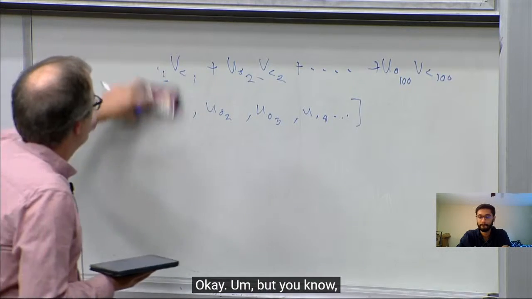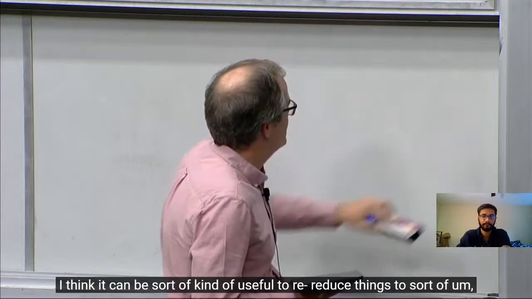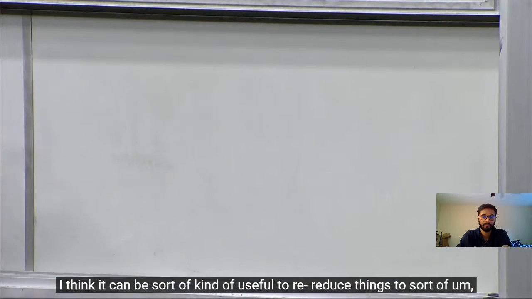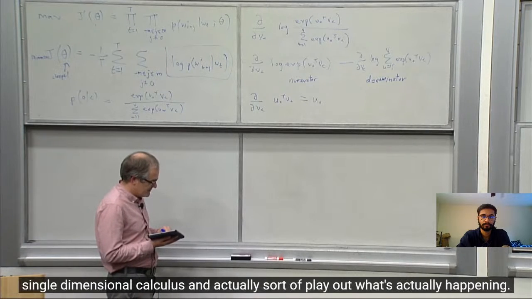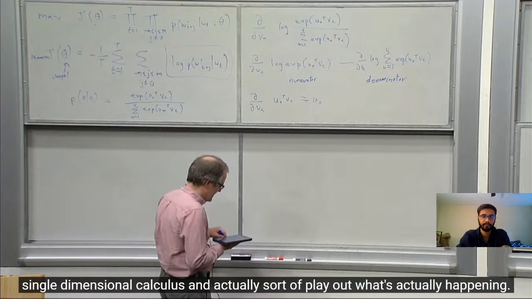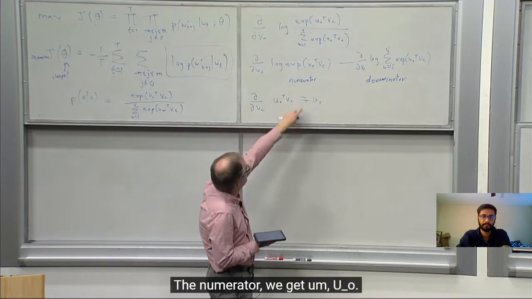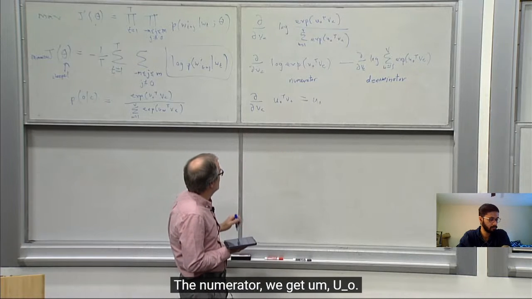Okay, but if you're getting confused and your brain is falling apart, I think it can be useful to reduce things to single dimensional calculus and actually play out what's happening. But anyway, this part was easy. The numerator, we get uo.